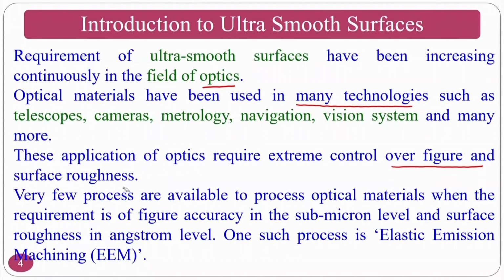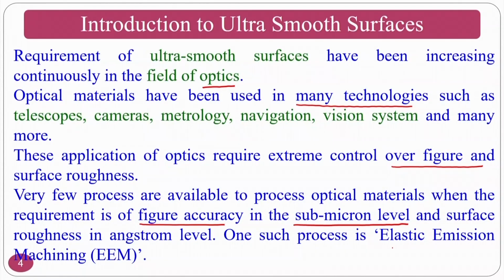Processes for optical materials, which require figure accuracy at the submicron level, also require surface roughness, and even people require Armstrong level. Nowadays, if you go to telescopes, SLR cameras or very high end cameras that are used in either Formula 1 racing or sports, these are high speed cameras.